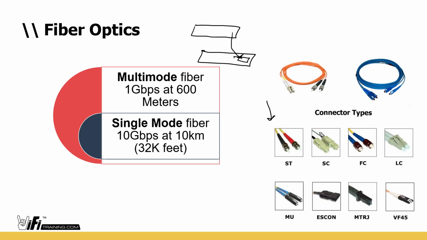The most common forever were ST and SC, but those have quickly been replaced and updated to the LC and so on. Honestly, I see it all. I see the MU. The ESCON and the MTRJ are probably the least common that I'm seeing out there, but yeah, we see it all.